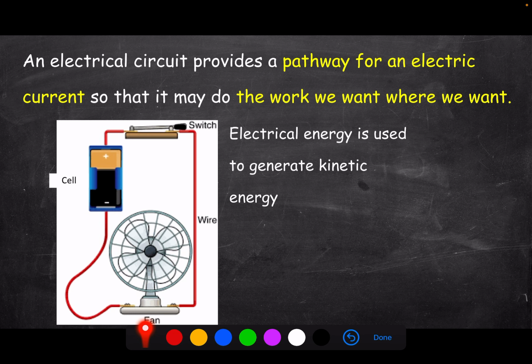Inside the cell, there are different chemicals, and when they react chemically with one another, they create different charges. The positive charges are collected here by the positive terminal, and the negative charges collected by the negative terminal. This difference in charge creates electric potential or voltage, and that voltage then can generate an electric current through the conductive wire.